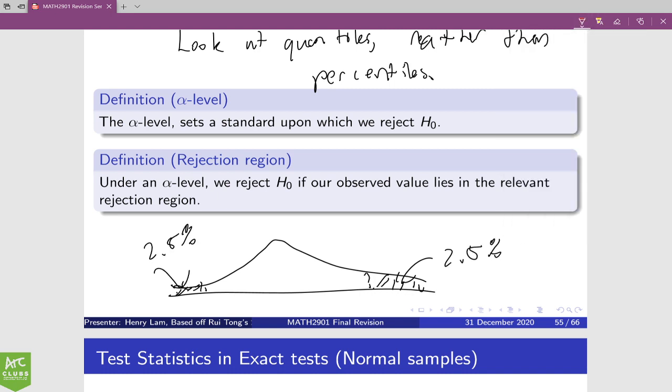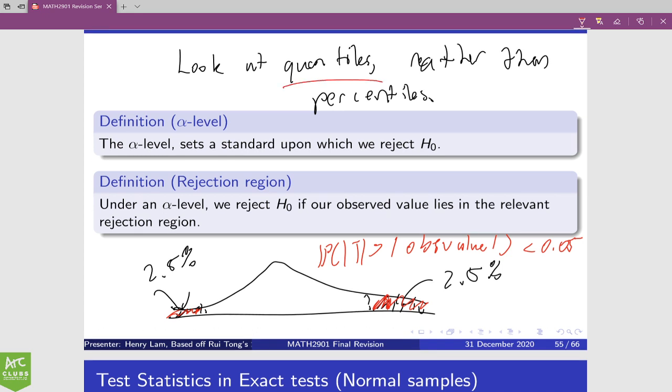Rejection is really just the fact that your observation is somewhere in this region, because if it's in that region, the probability that t is greater than your observed value is smaller than 5%. If it's beyond, there's less area to cover, so the percent must be less than 5%, and hence you would reject it. So they're pretty much the same thing, just from different perspectives: quantiles rather than percentiles.